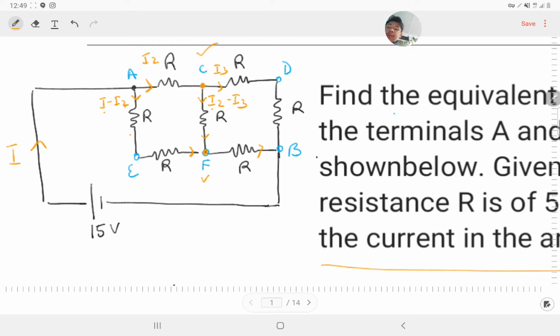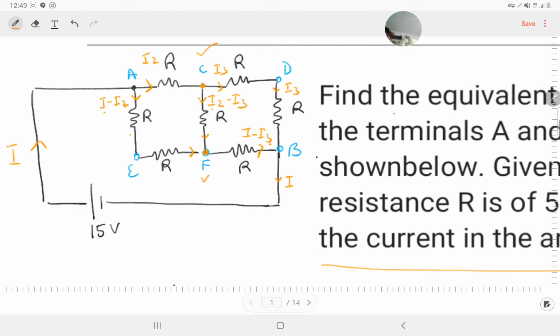So I2 is going to cancel, so current at this junction is going to be I minus I3. Current in this junction is going to be I3. There's no distribution over here, and when I add I3 with I minus I3, I'm going to get I over here. So as you can see, the junction rule is being followed.